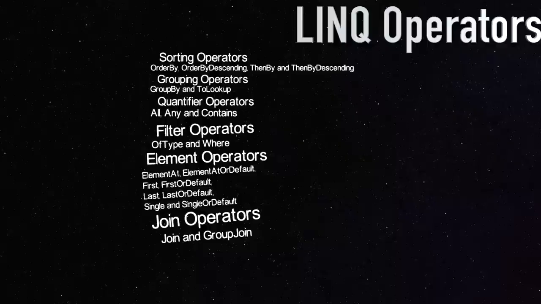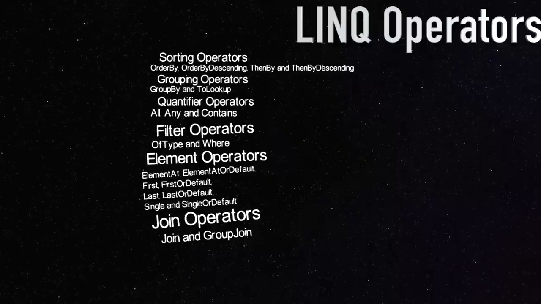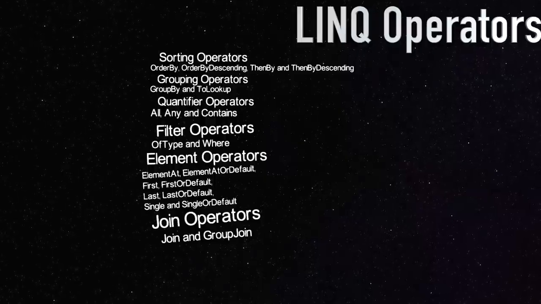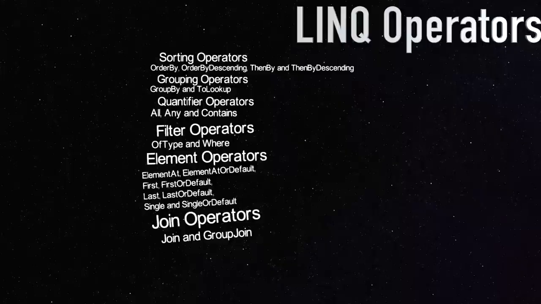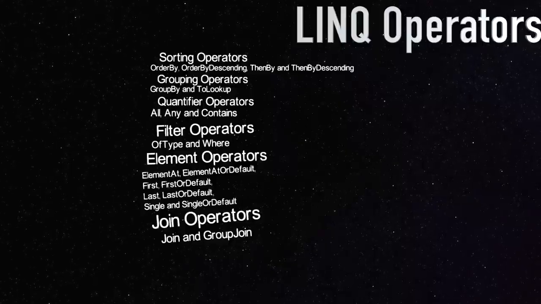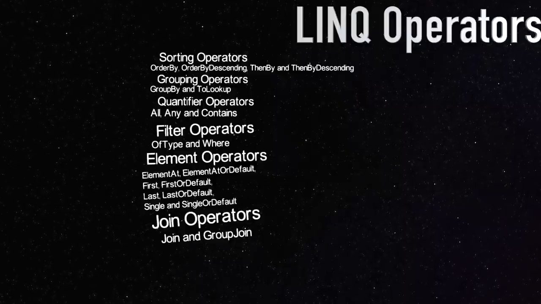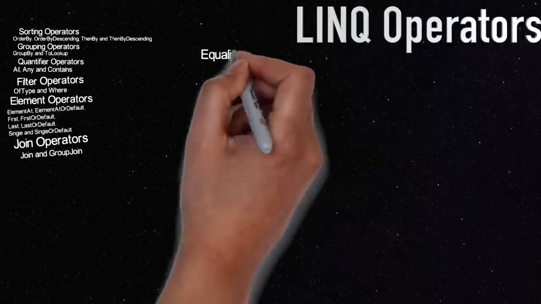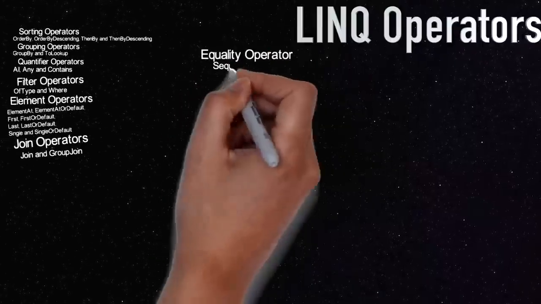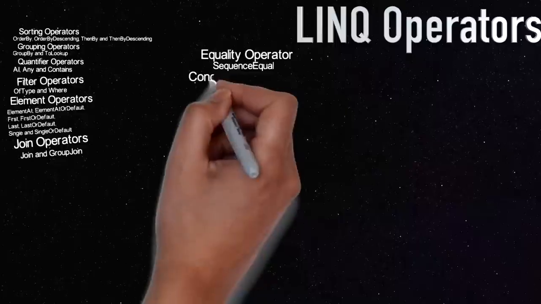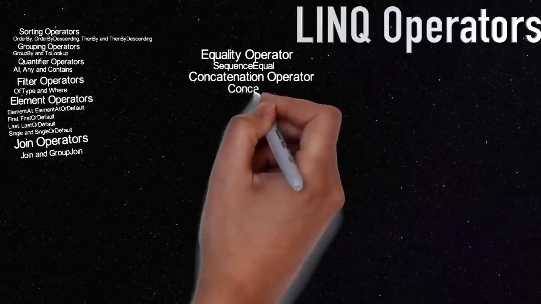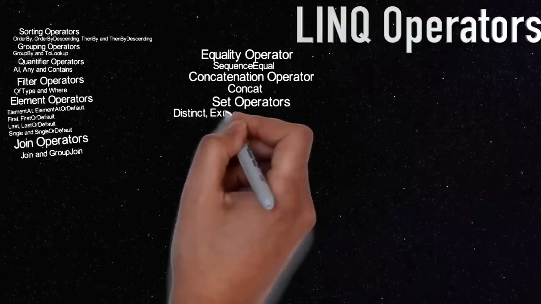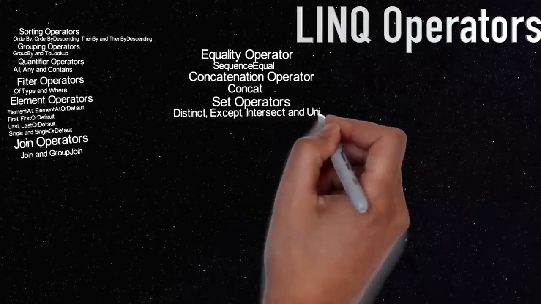We have already looked at the Select projection operator, and we'll also look at the Select operator in this video, and in addition to this, we'll also look at the SelectMany projection operator. So in this video, we'll look at the following LINQ operators. The equality operator, SequenceEqual. The concatenation operator, Concat. The set operators, Distinct, Except, Intersect, and Union.